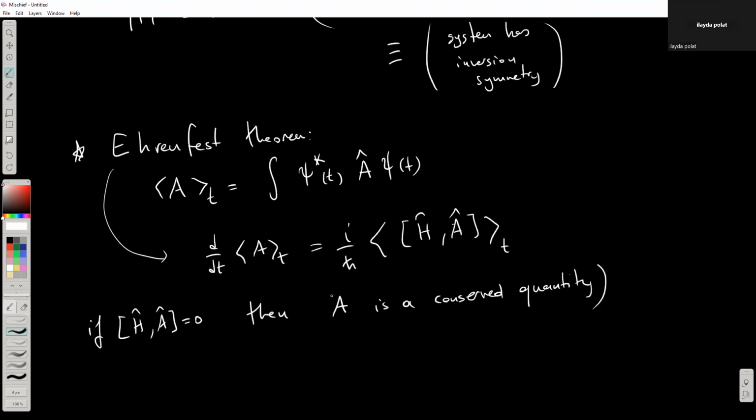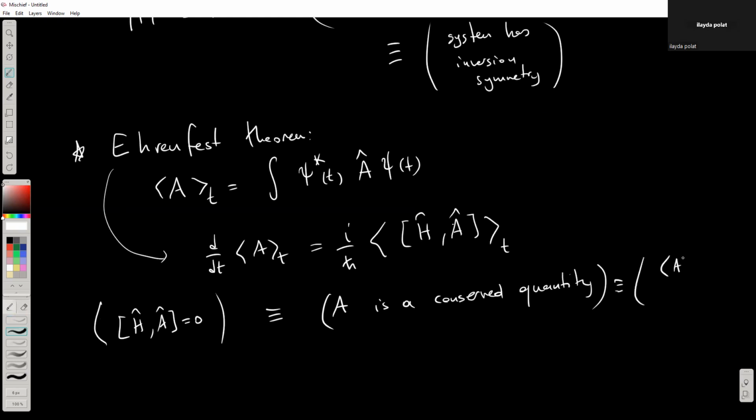A quantity being conserved is mathematically equivalent to that quantity commuting with the Hamiltonian.